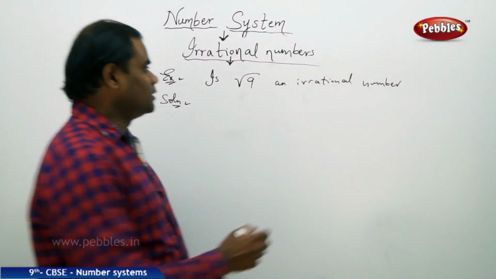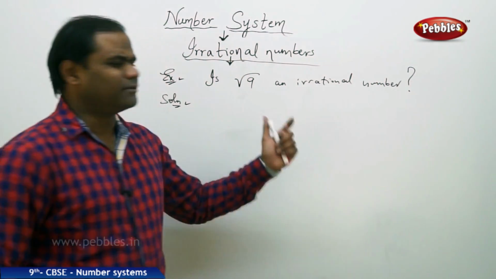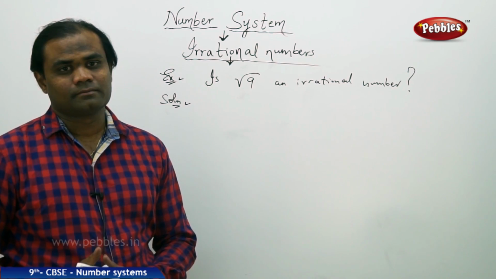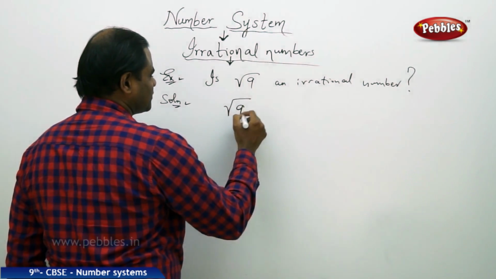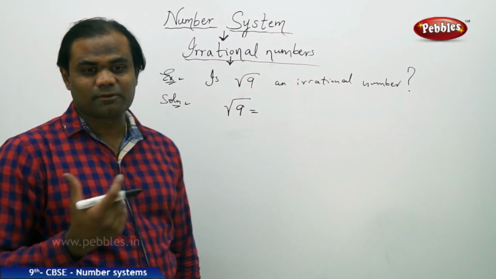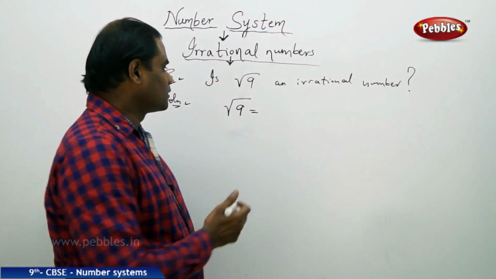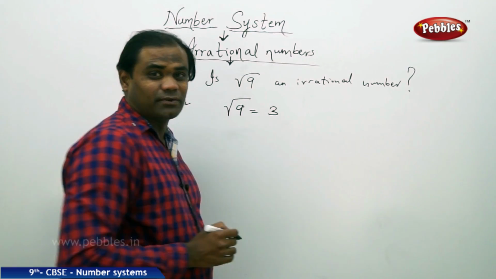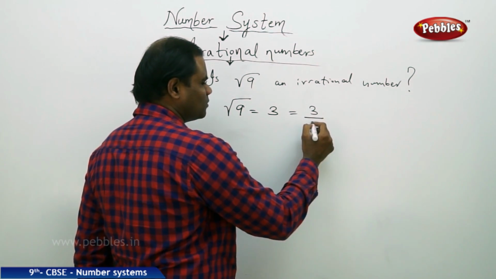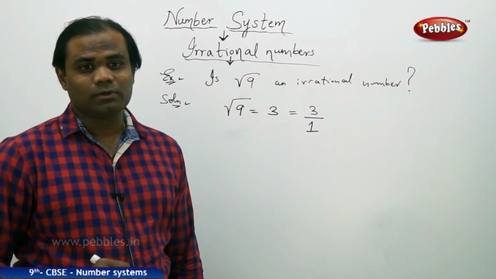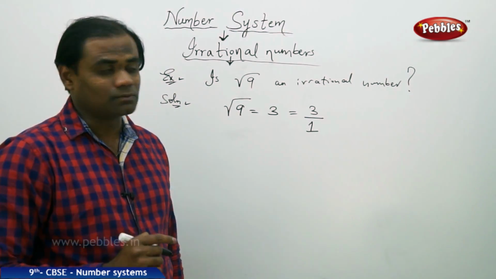So my question here is, is root 9 an irrational number? With this example, I simplify it to a more simplified form where root 9 can be expressed as 3, which in turn can be expressed in the form p by q, because I need to put it through test number 1 and test number 2.